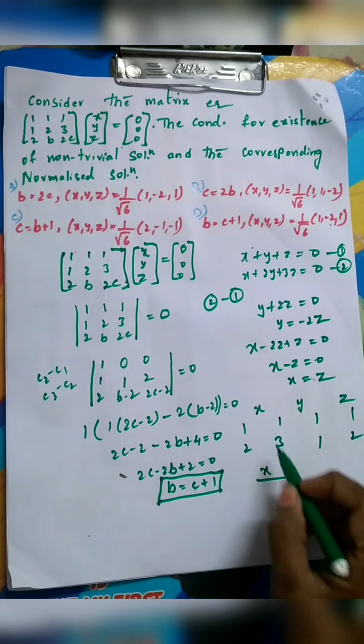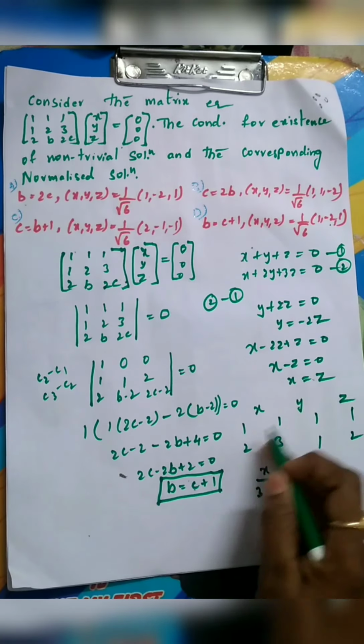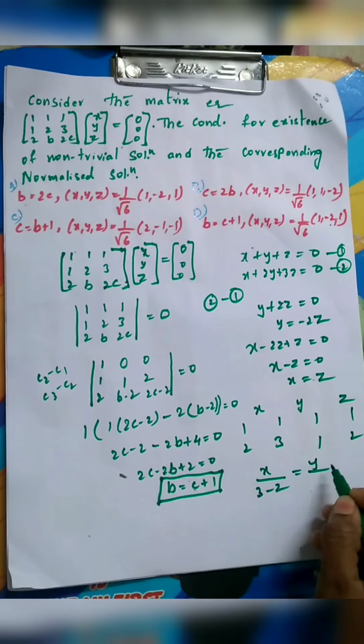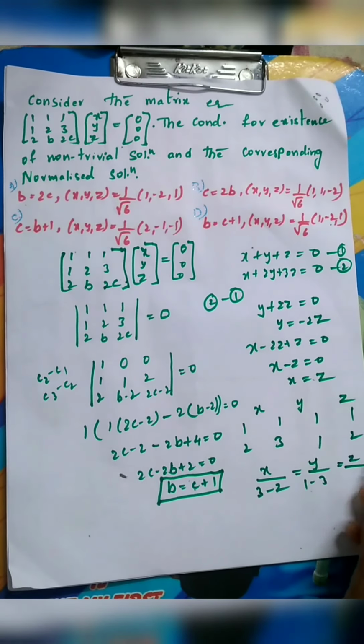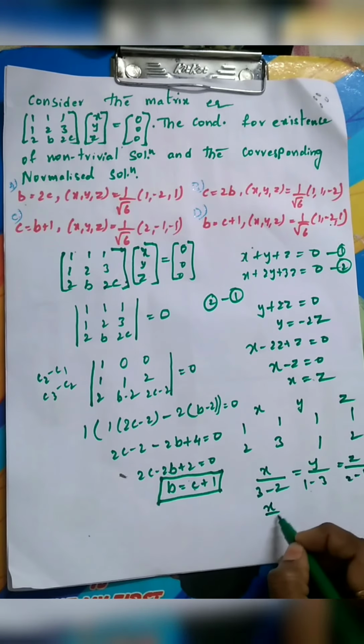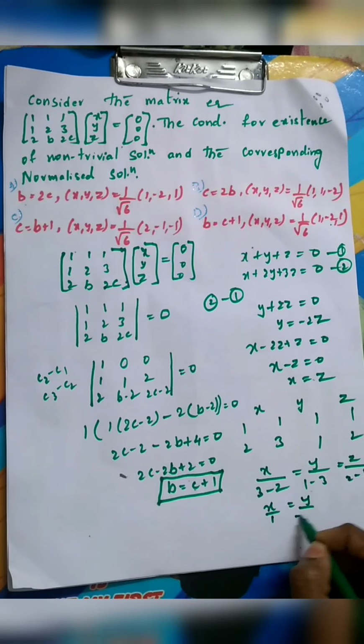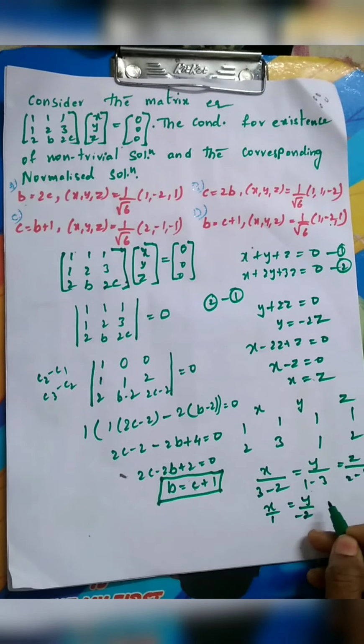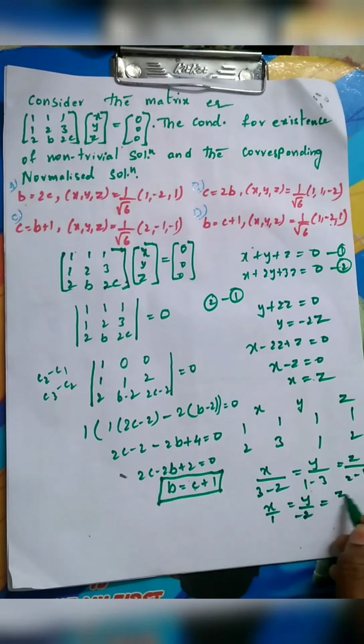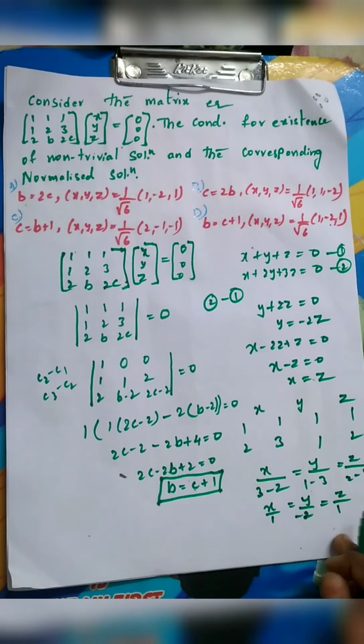X by 3 into 1 minus 2 is equal to y by 1 into 1 minus 3 is equal to z by 2 into 1 minus 1. X by 3 minus 2 means it's 1. Y by 1 minus 3 means it's minus 2. Z by 2 minus 1 means it's 1.